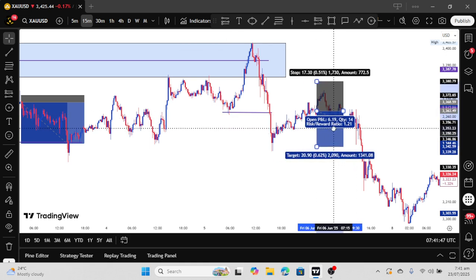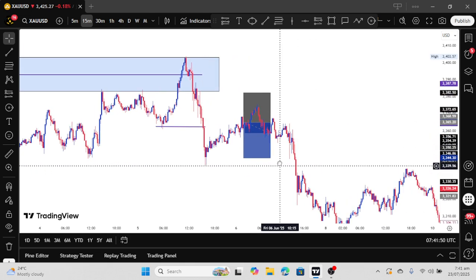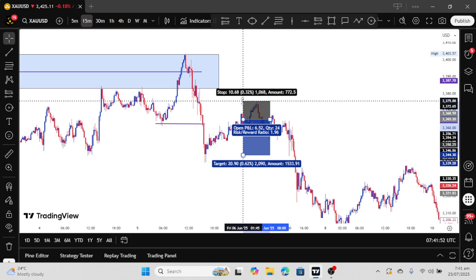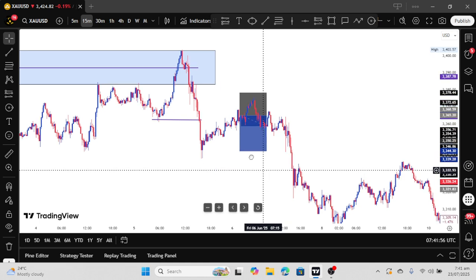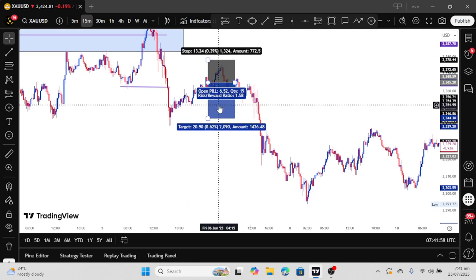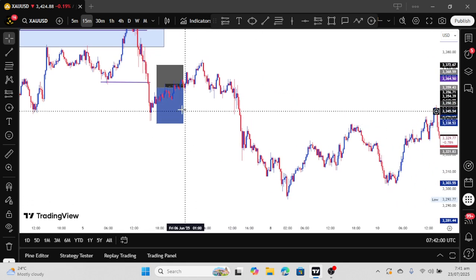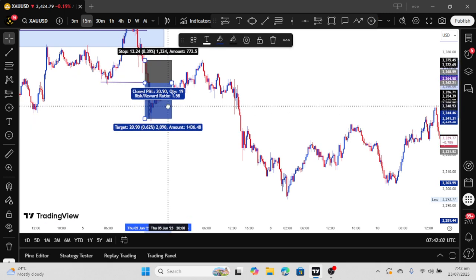I'm looking for a place that can get my 40 pips stop loss. So let's go this way. Or we can go after a break. Yeah, after the break of this zone, we can go in.